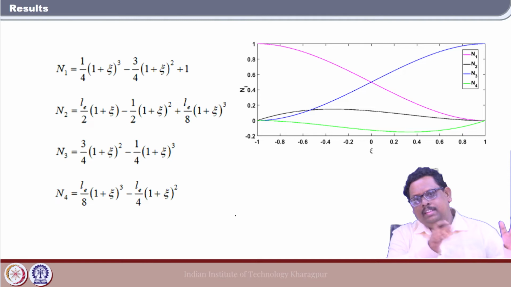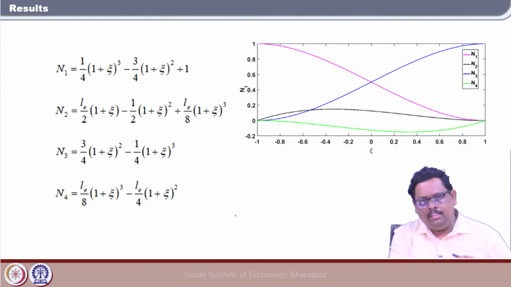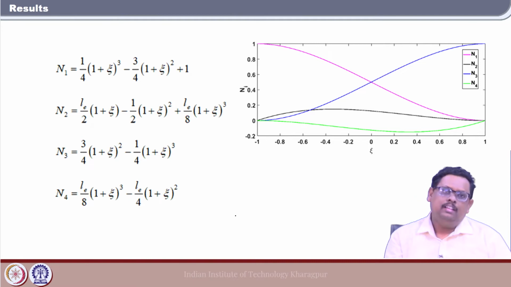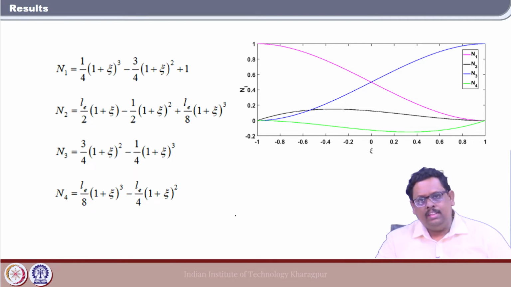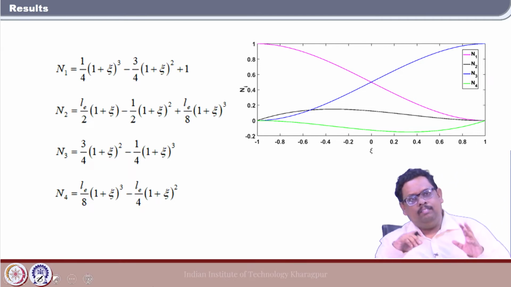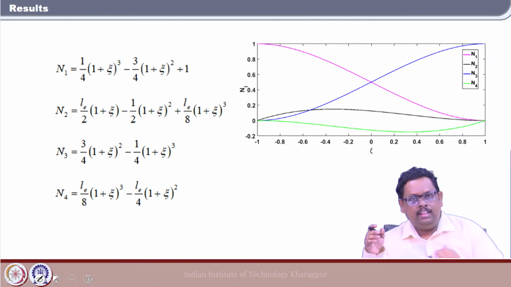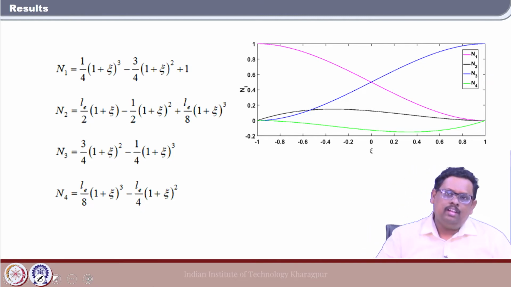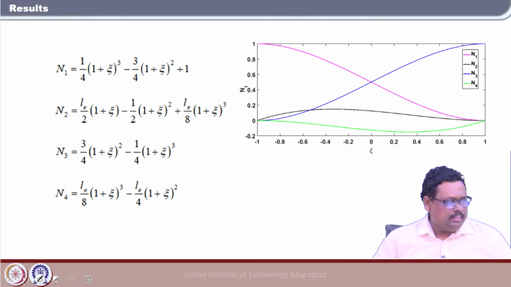Remember that what we discussed is in the global reference frame, that is why we use x1, x bar, etcetera. But when you do the numerical integration, which we are going to see today, you need to transform back to the local coordinate system, -1 to +1. That part let us leave for this moment.